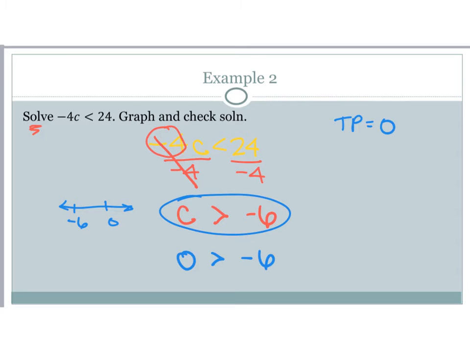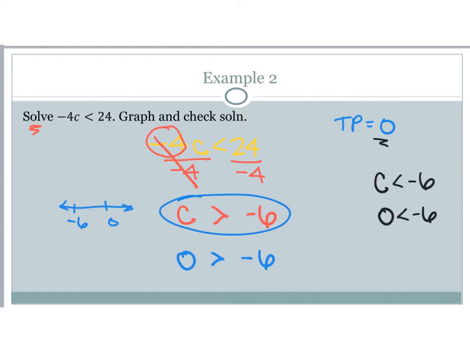But just off to the side here, let's pretend that we had forgotten to reverse our inequality. So let's say you left that as c is less than -6. If I would have used my test point and plugged a 0 in for c, I would have had 0 is less than -6. This is not true. 0 is not less than -6, so that needs to be an indicator that something is wrong.